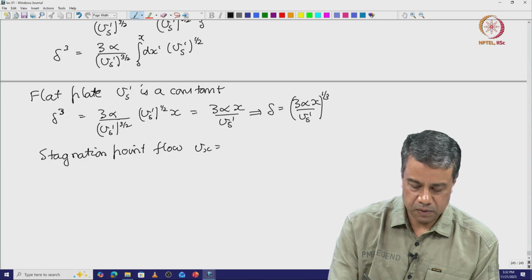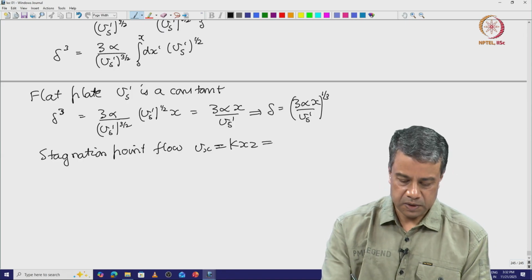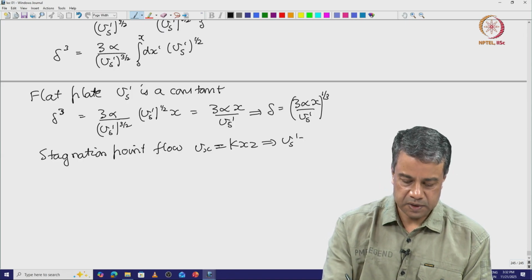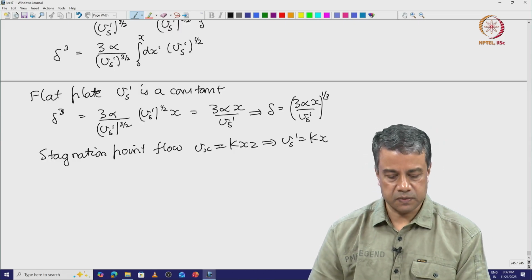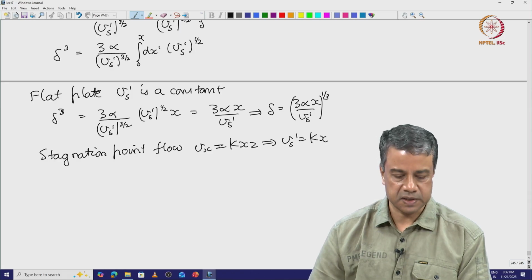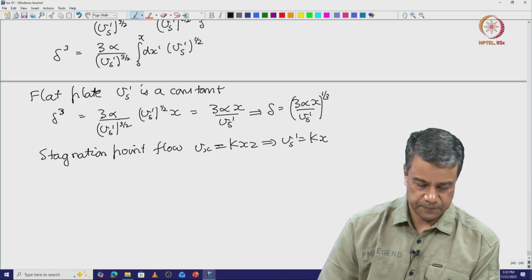Vx is equal to kxz, which implies that Vs prime is equal to kx, because the velocity Vx was equal to Vs prime times z, close to the surface.